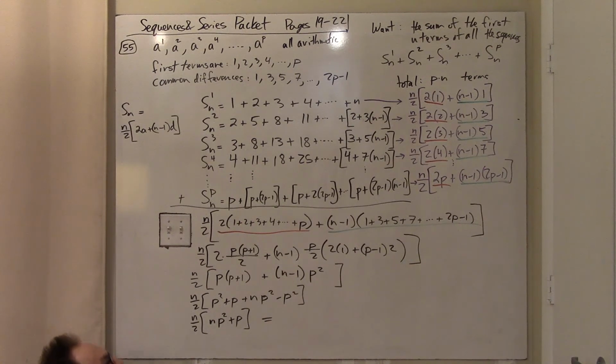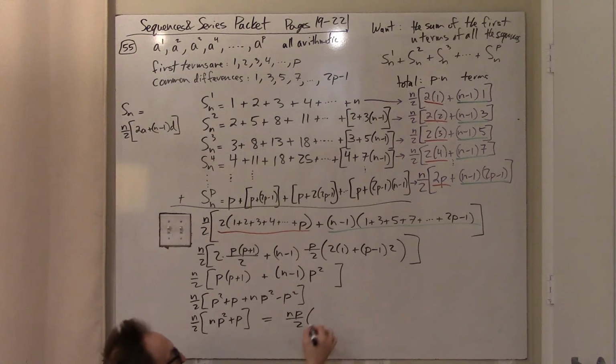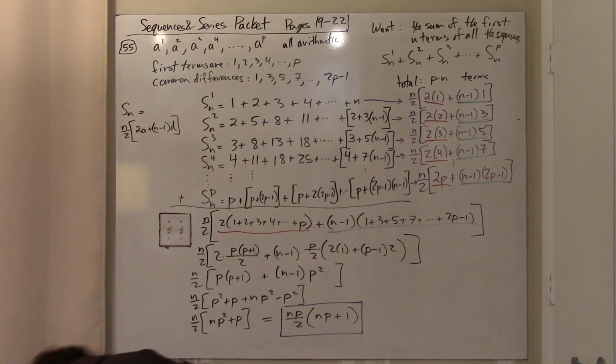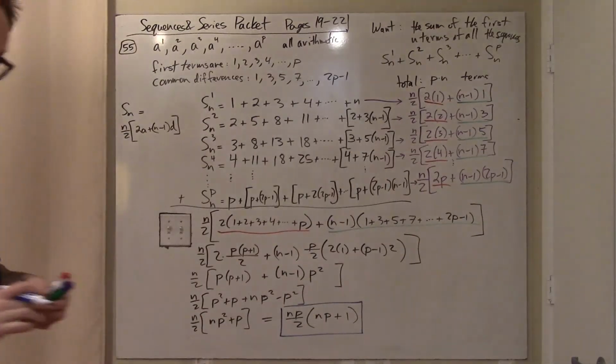And so maybe I'll just factor out a p and call it a day. So that's np over 2 times np plus 1. And that is the formula for the sums of all of these terms, the first n terms of all these sequences.